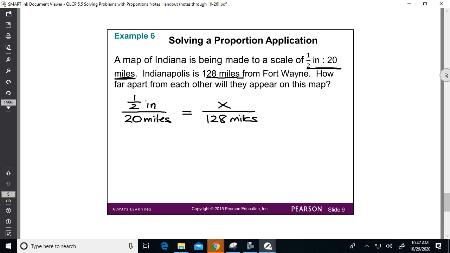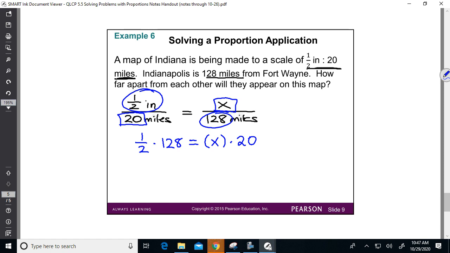So, if I'm going to solve it, what is getting multiplied to what? What am I multiplying? So 1/2 times 128. That means x times 20. So let's do some computation.